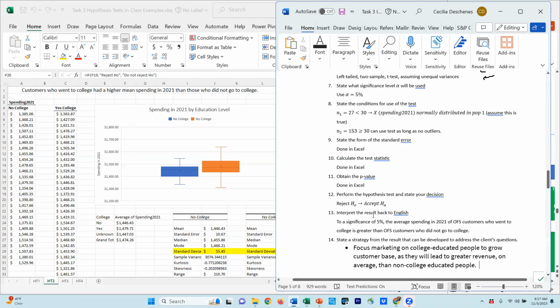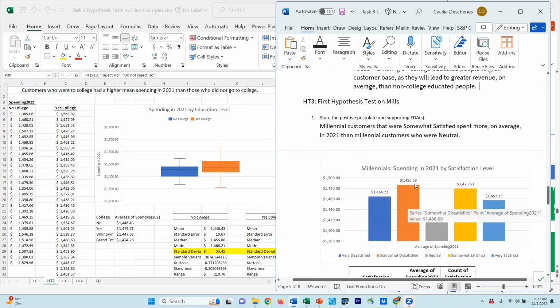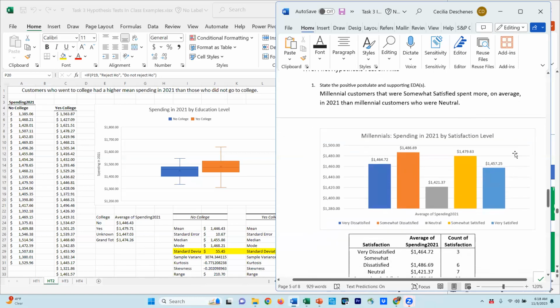All right, so that would be the end of my second hypothesis test. My third hypothesis test is asking if millennial customers that were somewhat satisfied spent more on average in 2021 than millennial customers who were neutral. And part of the reason I chose this one is I did a pivot table using satisfaction and average spending.